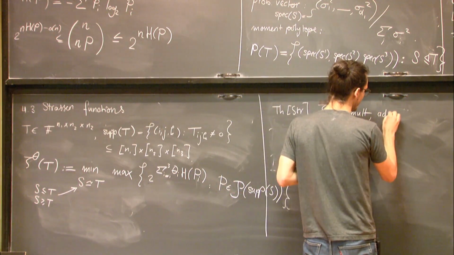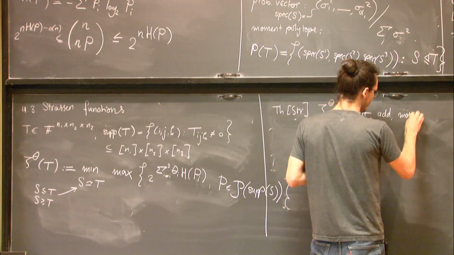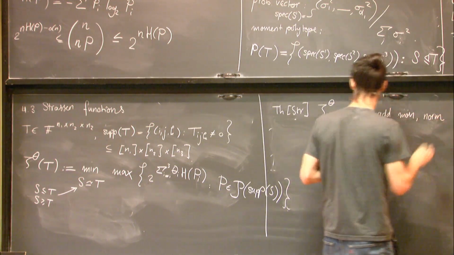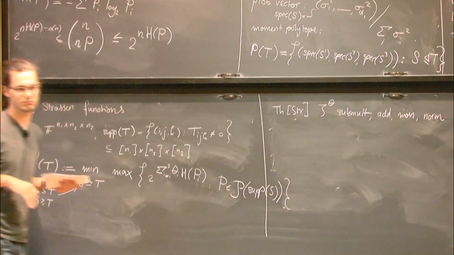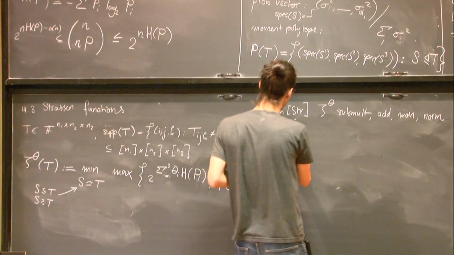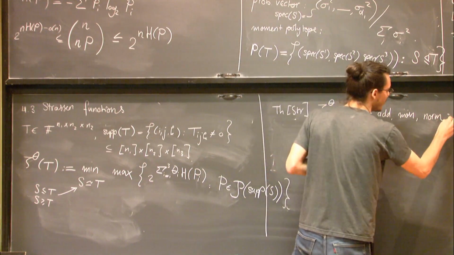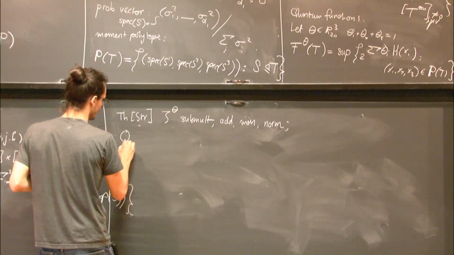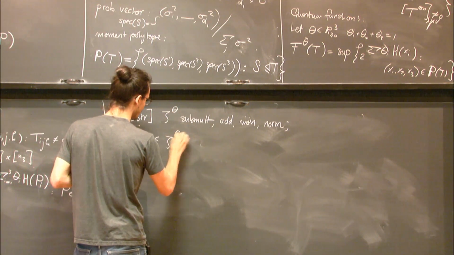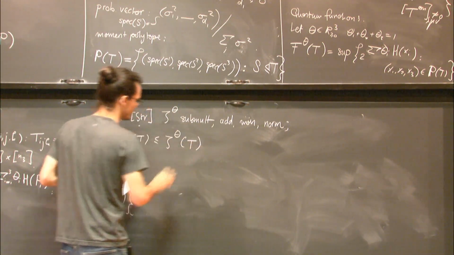It's additive, it's monotone, and it's normalized. Okay, so it has all the properties except for being supermultiplicative. But these properties are enough to give that the asymptotic subrank is at most this Strassen function.